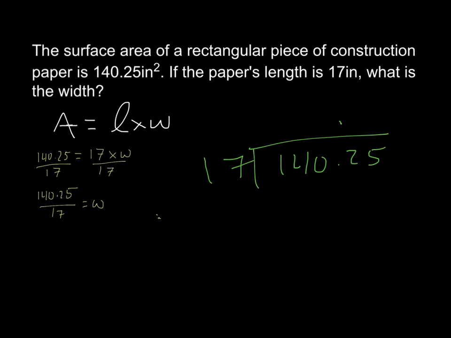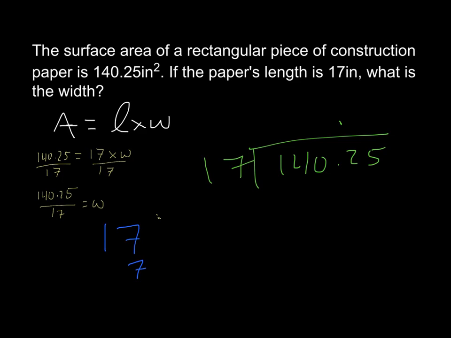Don't forget the decimal. I don't know how many times 17 goes into 140, so I'm going to estimate, and I'm going to round 17 to 20, and 140 I'm looking at as 14 divided by 2, and that's 7. So let's try 17 times 7.